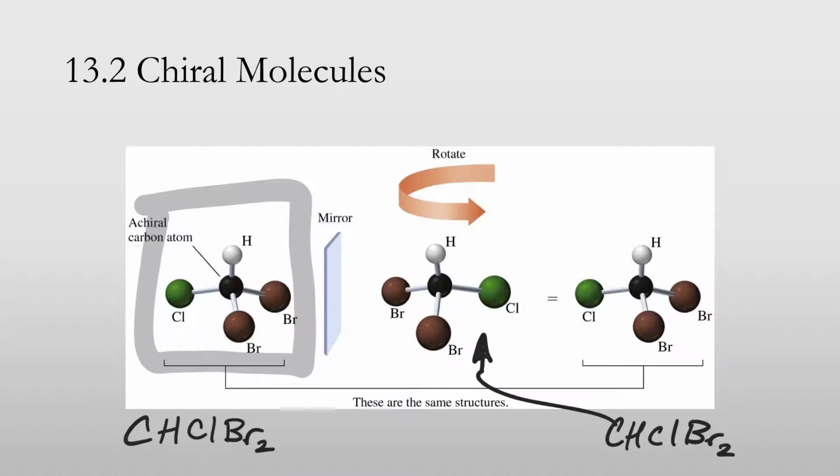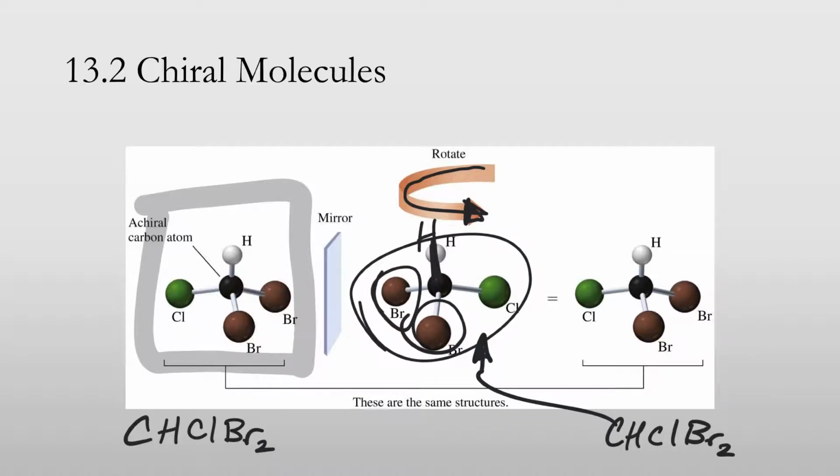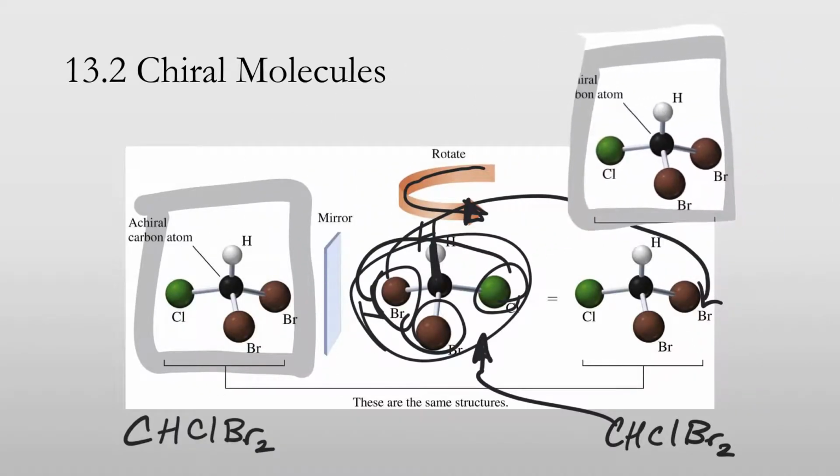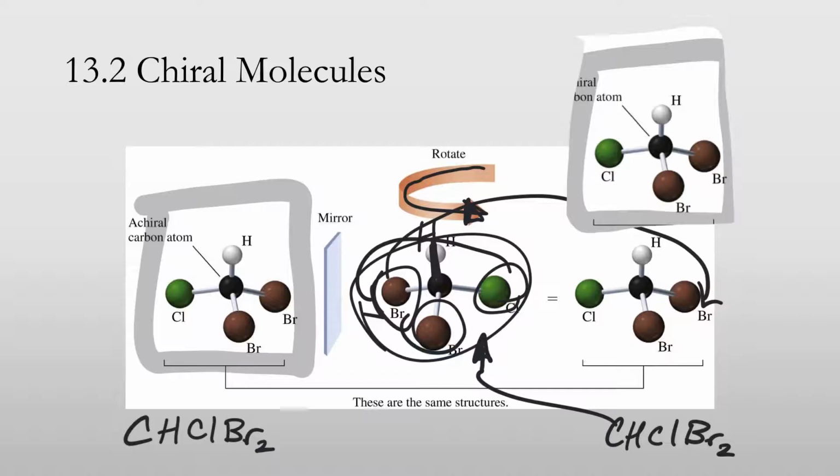Okay, if I was to rotate the molecule in the middle, counterclockwise or clockwise, it really doesn't matter, you can notice that we get the exact same molecule. So we have the hydrogen above, we've got 2 bromines on the left here, but they're going to end up over on the right, which puts the chlorine over on the left. And you'll notice that if I was to take this molecule on the left and move it over here, they're exactly the same.